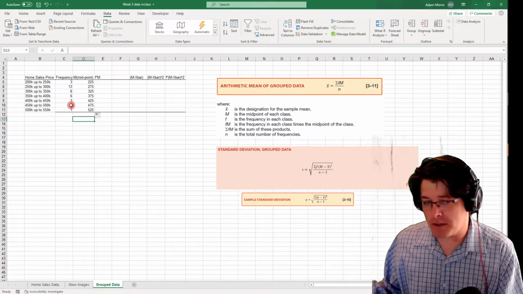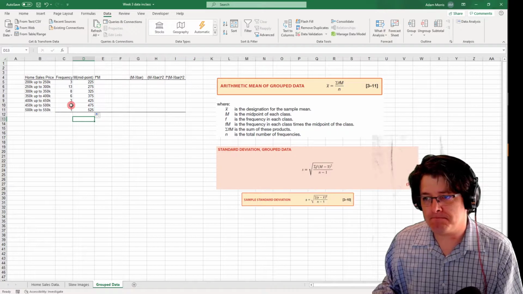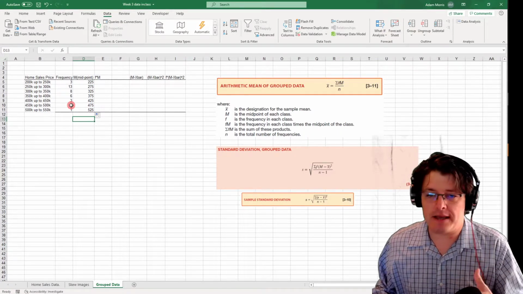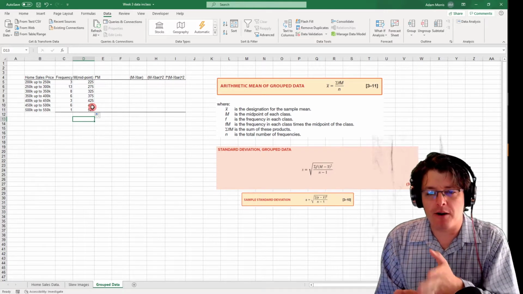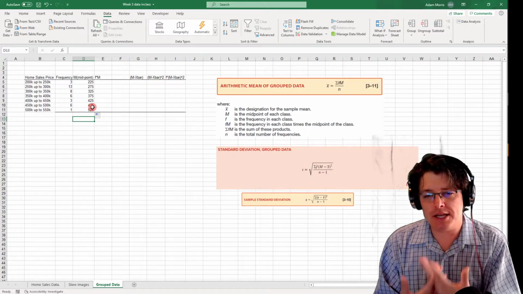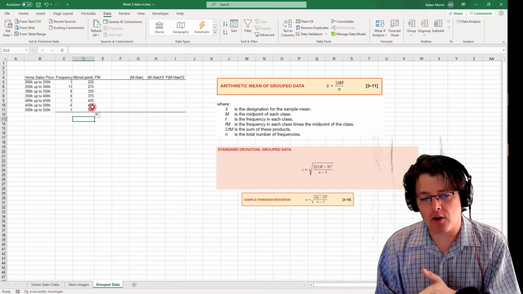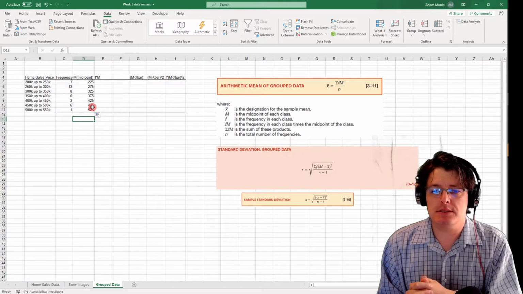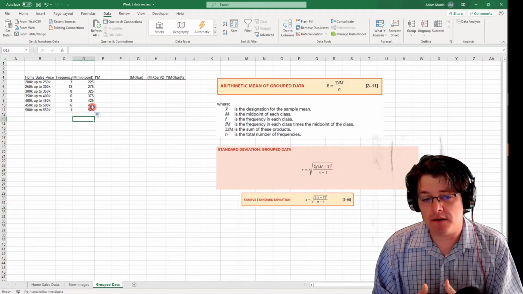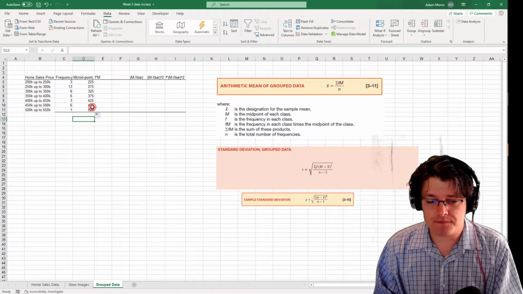And so that's the important thing we have to calculate when we want to do means or standard deviations, is to figure out what that midpoint is. And now we treat each of them as though they are right on that midpoint. And so the mean really becomes a weighted mean of those values.